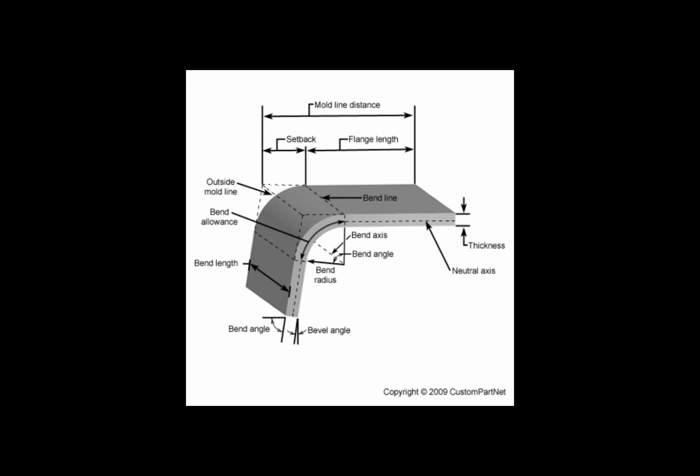What is meant by bend allowance? The actual amount of metal in a bend. What is a sight line? One bend radius from the bend tangent line. What is meant by the neutral line or neutral axis in a sheet of metal?